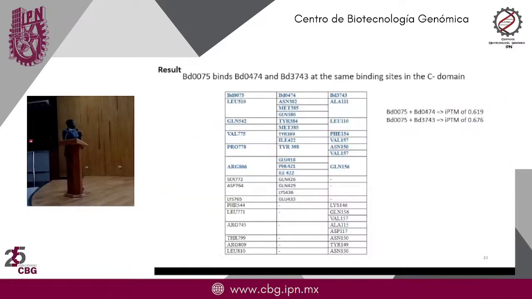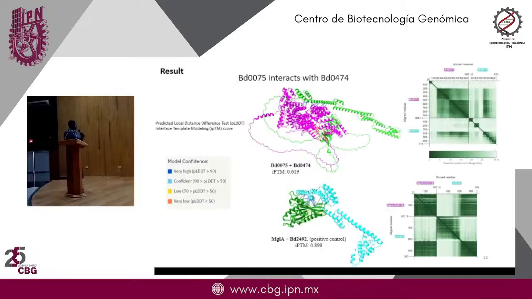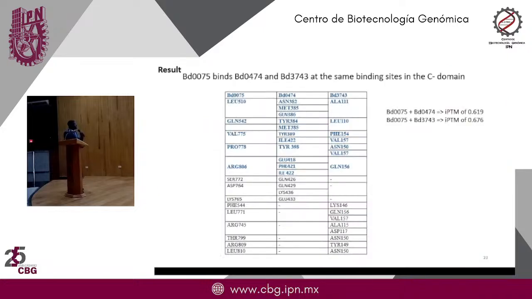Okay, so we found another interesting thing. BD0075 interacts with 474, just like I showed here, but not only does BD0075 interact with 474, BD0075 also interacts with 3743, a hypothetical protein as well. But the interesting thing is that they interact at exactly the same region.